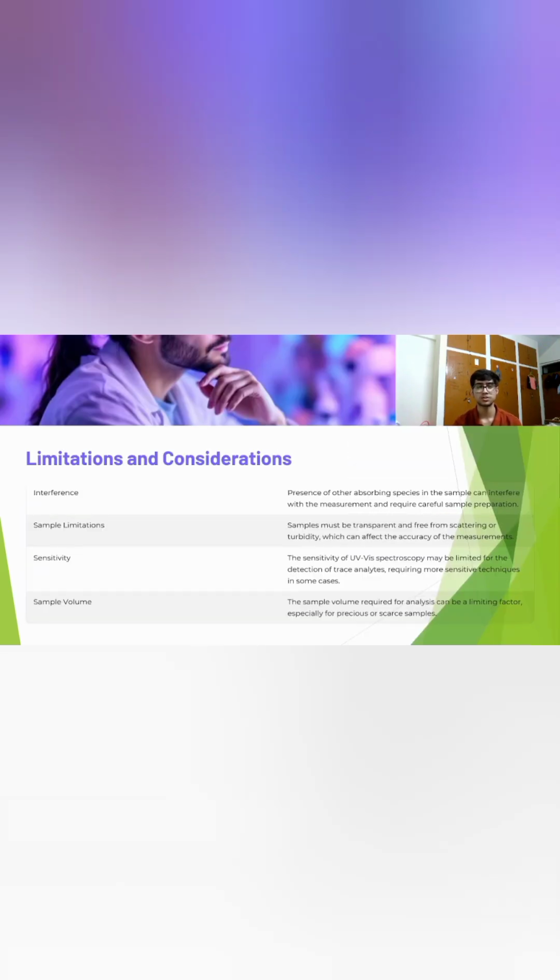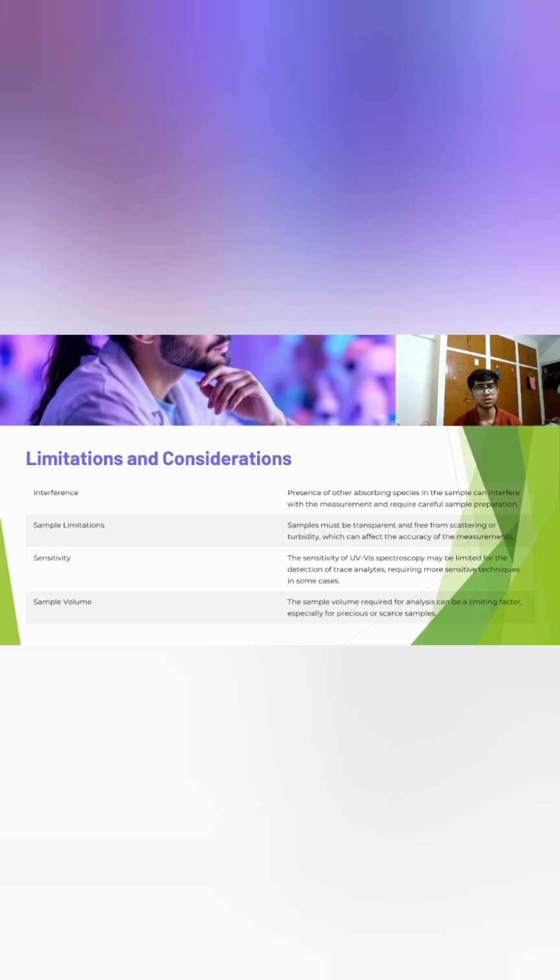Now here let's talk about the limitations and considerations of UV visible spectroscopy. The first one is interference. Presence of other absorbing species in the sample can interfere with the measurement and require careful sample preparation. Sample limitation: samples must be transparent and free from scattering or turbidity, which can affect the accuracy of the measurements.